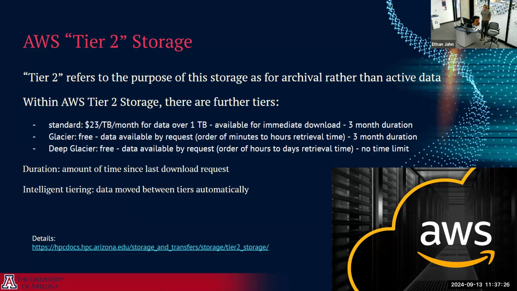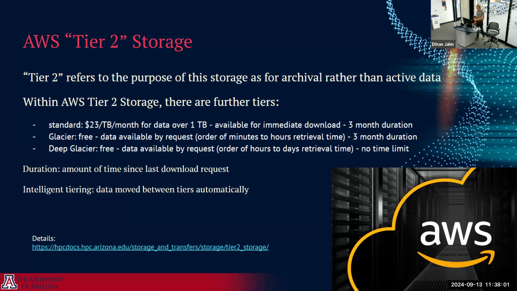Once it has moved there, it moves to a free tier. But this also implies a restriction, where the data is not immediately available for download. You have to submit a request, and it might take some time to retrieve that data. Once it has been retrieved, it bumps back up to the standard tier. So every time you download something, that data is moved into the standard tier, and only after a certain amount of time does it start to move down the tiers again.